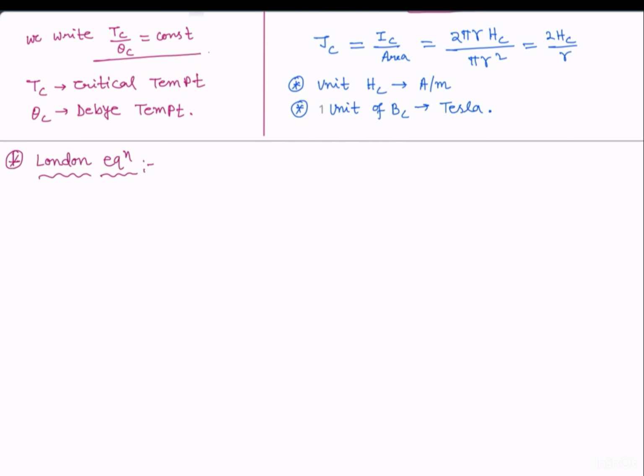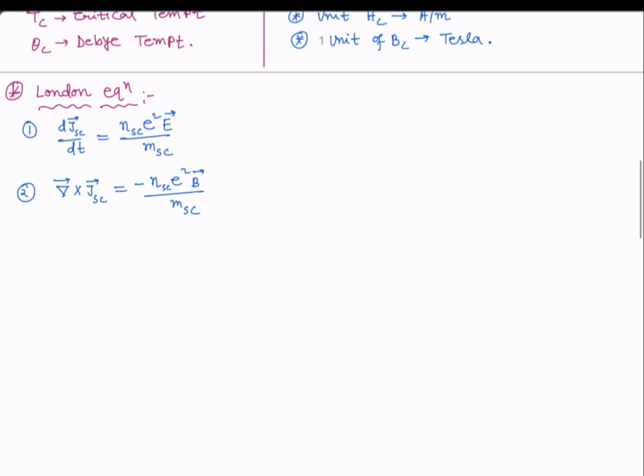So first one is dJ by dt equal to n superconducting n square e square E by m, and number 2, curl of J is equal to minus n e square B by m.